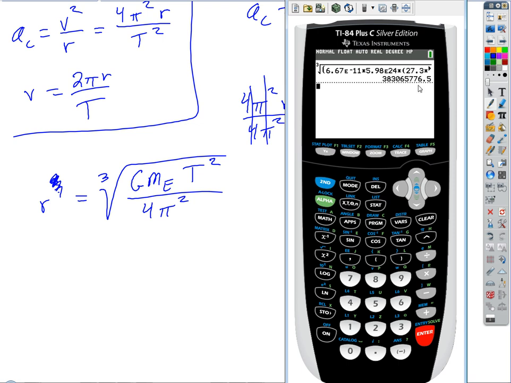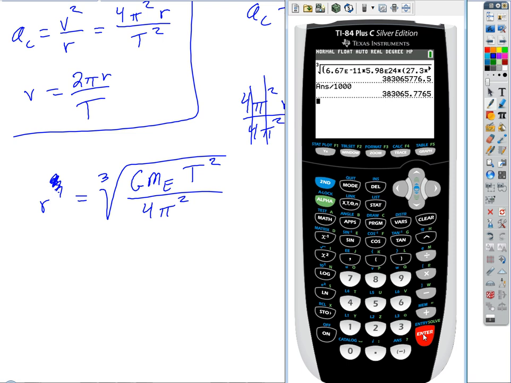Let's just divide that by 1,000. It gives us about 383,000 kilometers. That's a little different than the value the book gives, roughly 390,000 instead of 383. I don't know why. Google says it's 384.